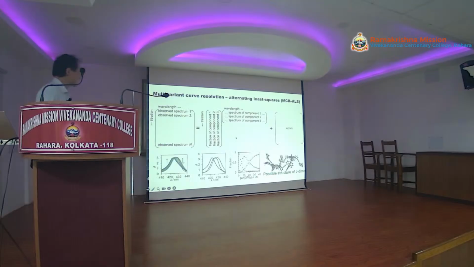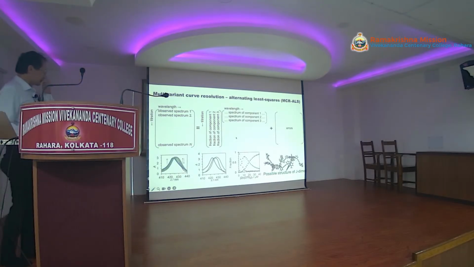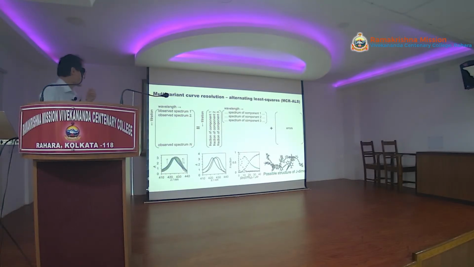How do we analyze this? This is another mathematical method for the analysis, called multivariate curve resolution alternating least squares.